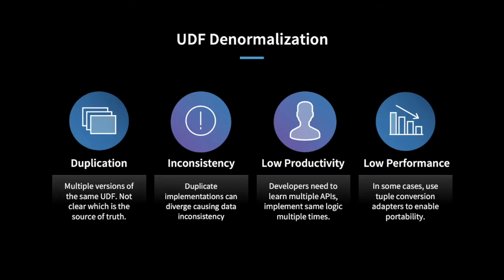This also leads to inconsistency, where the duplicate UDFs sometimes diverge from each other, and it becomes hard to figure out which one is the source of truth or which one corresponds to the actual logic that is intended to be performed by that UDF.